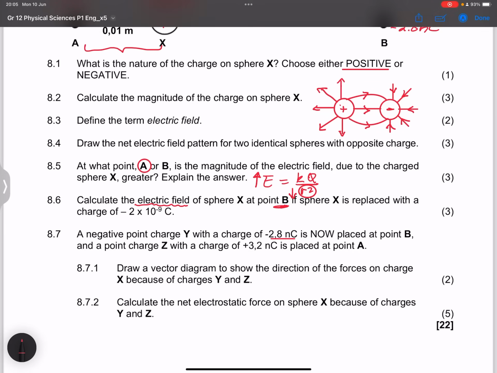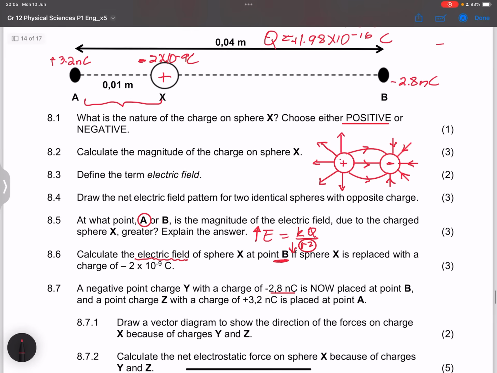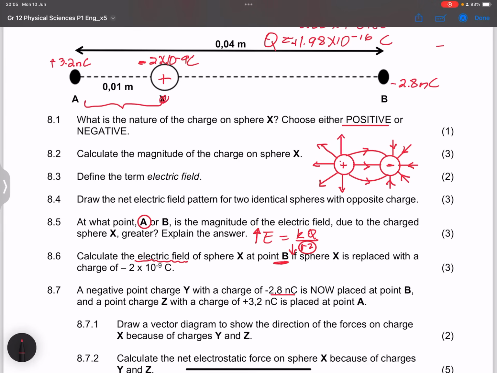charge X, because of charges Y and Z. So remember, in this case, when we look at charge X, it is negatively charged. Which means charge B would exert a force of repulsion, actually.